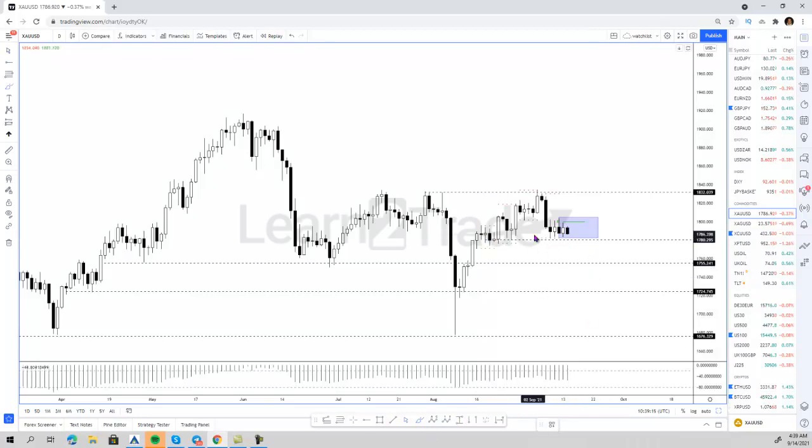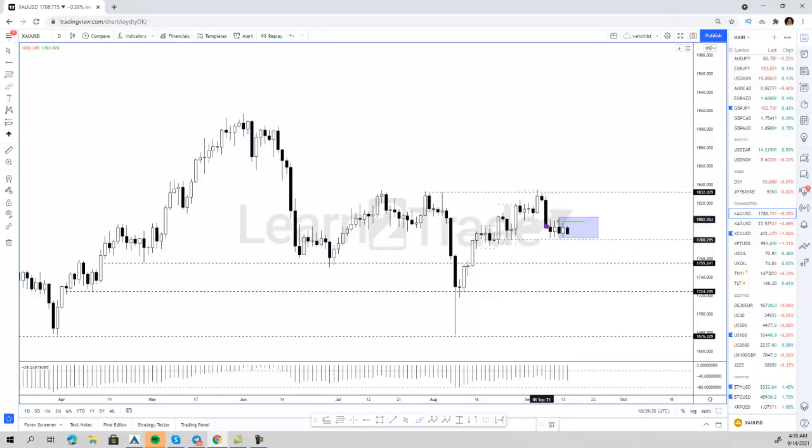Now, because I am looking for US dollar longs, the highest probability trade of a breakout here would be to the downside, right? I know it sounds counterintuitive because I just said that I am bullish metals, but you have to trade what you see and what you think will happen, right? Trade with your mind, trade with your head, not with your heart.